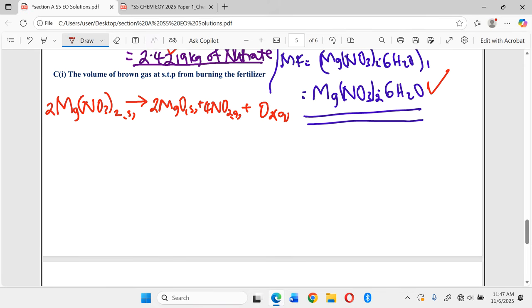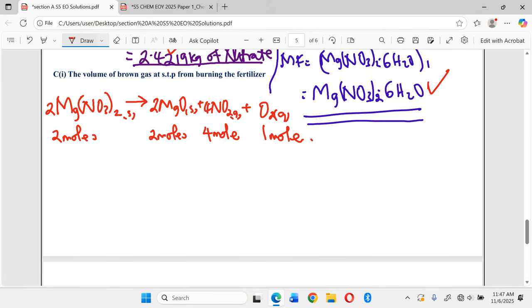Here it is 2 moles; this was given in the scenario. Interpreting in terms of moles, 2 moles of nitrate fertilizer produce 2 moles of magnesium oxide, 4 moles of nitrogen dioxide, and 1 mole of oxygen gas.